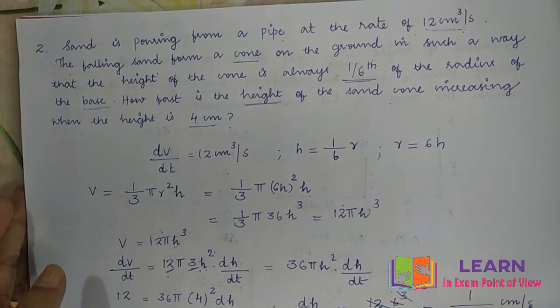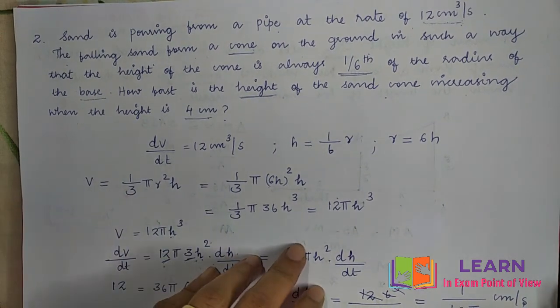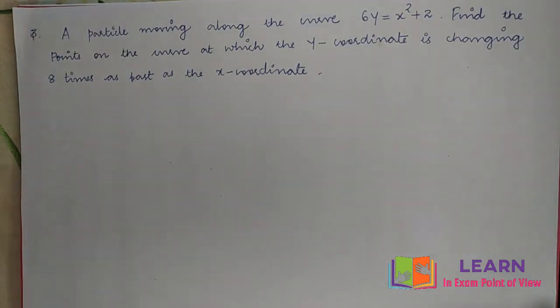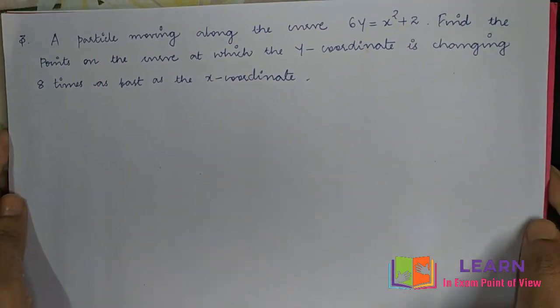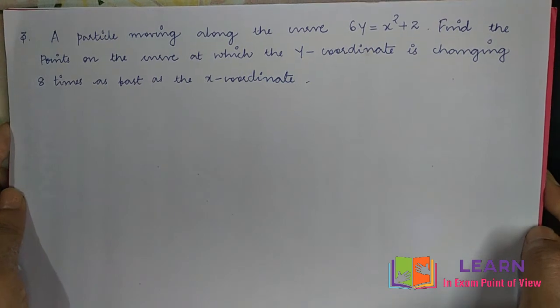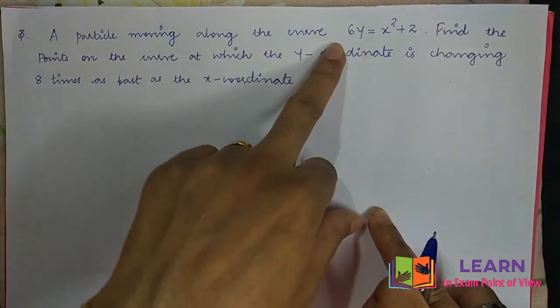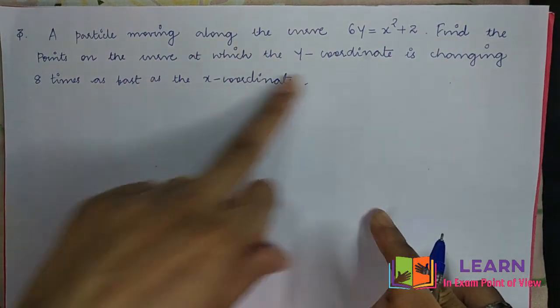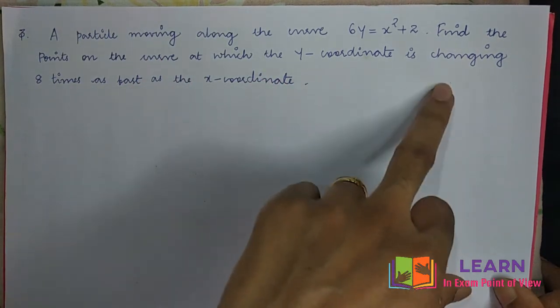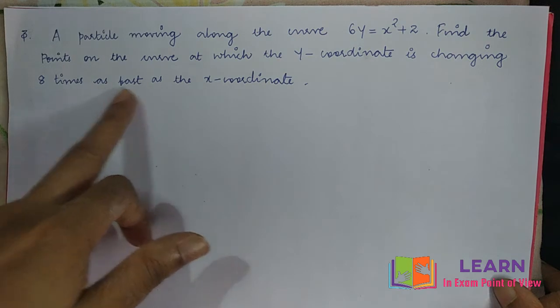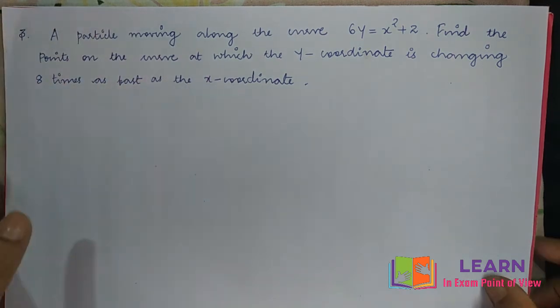Hope it is clear. So one more we can try. Here the third question: a particle is moving along a curve. Find the points on the curve at which the y coordinate is changing 8 times as fast as the x coordinate.